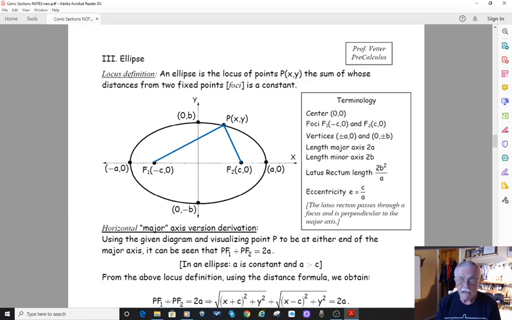Page 1 is a matching column, which is fairly easy, and page 2 is a diagram of an ellipse, and the idea is to write the equation of the ellipse and find the major axes, the minor axes, the center, the foci, length of the latus rectum, things of that type. So it's going to be an excellent exercise as classwork practice.